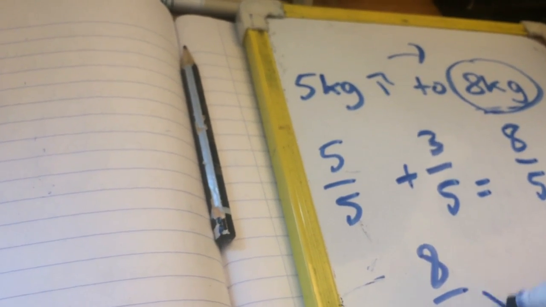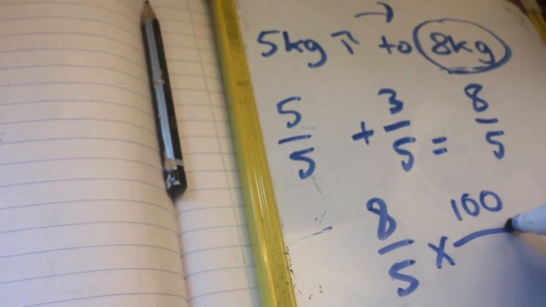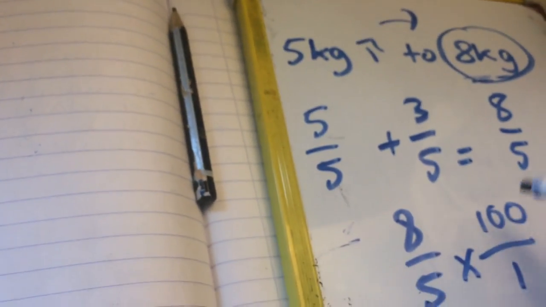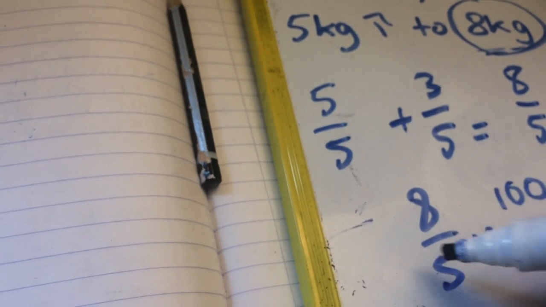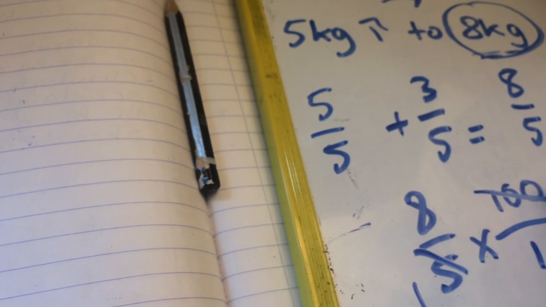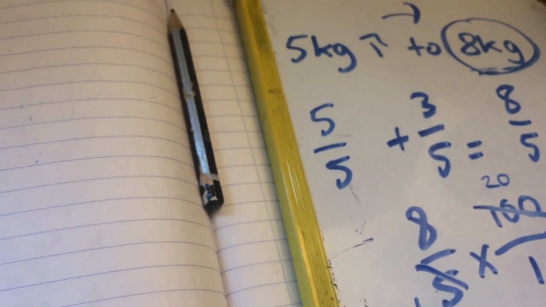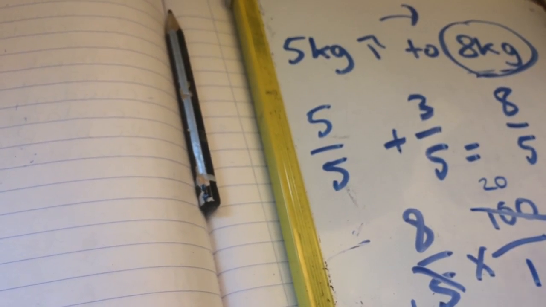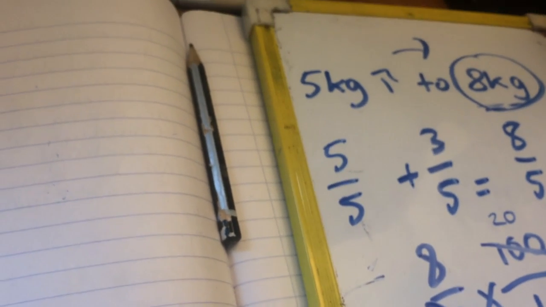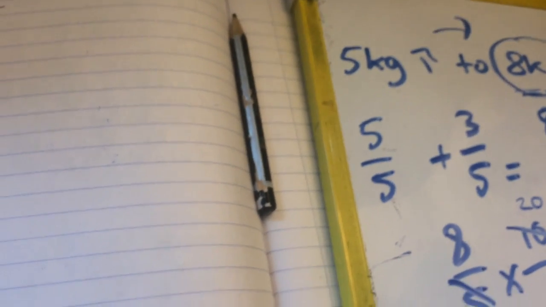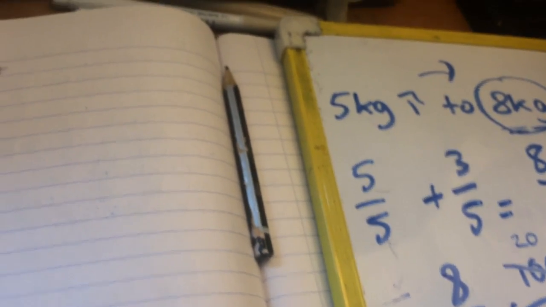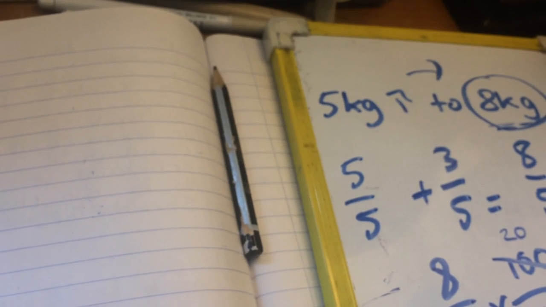Multiply it by 100 over 1, which is 5 into 5 goes once, 5 into 100 goes 20. 8 20s are 160 over 1, which is 160%.